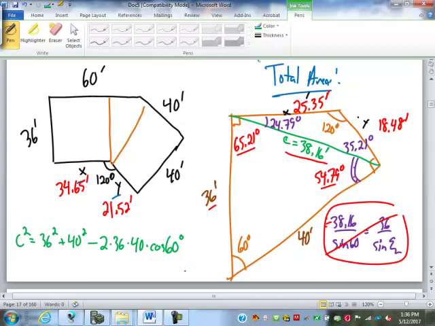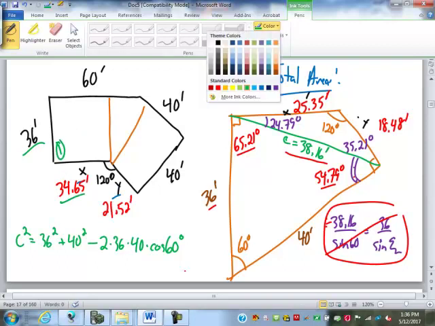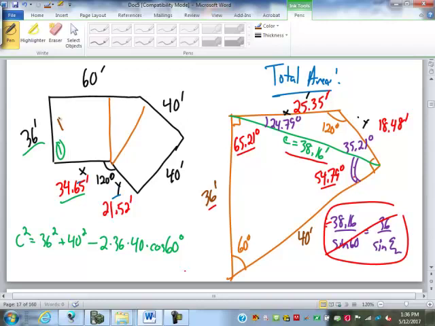Okay. So this piece here is 36 by 34.65. How big is that? This one right here. 1247.4. That works for me. Does that look right?